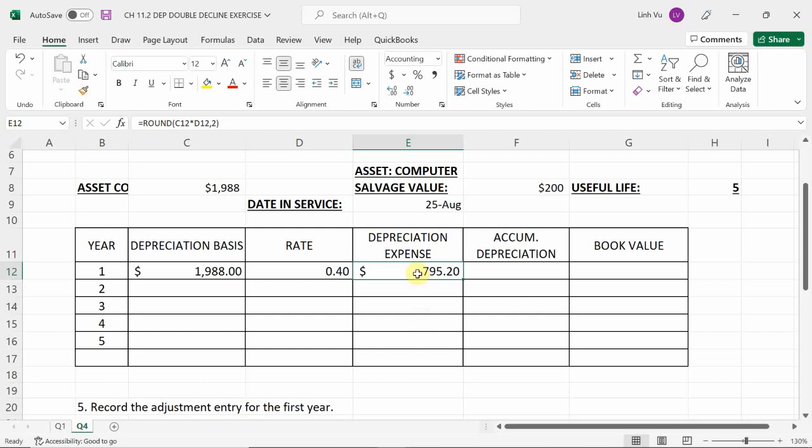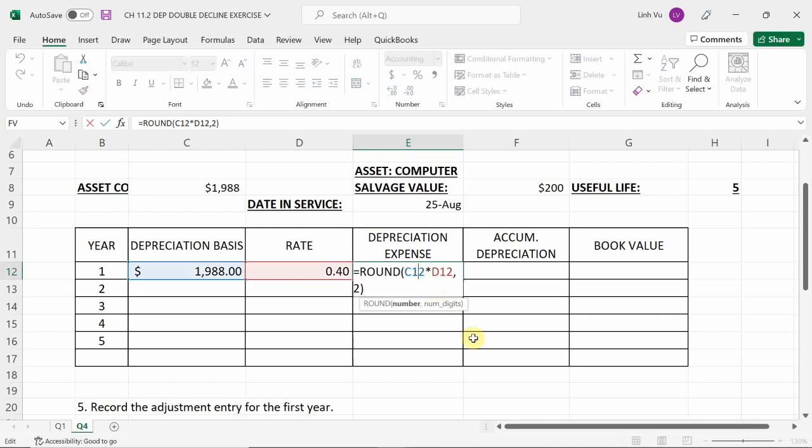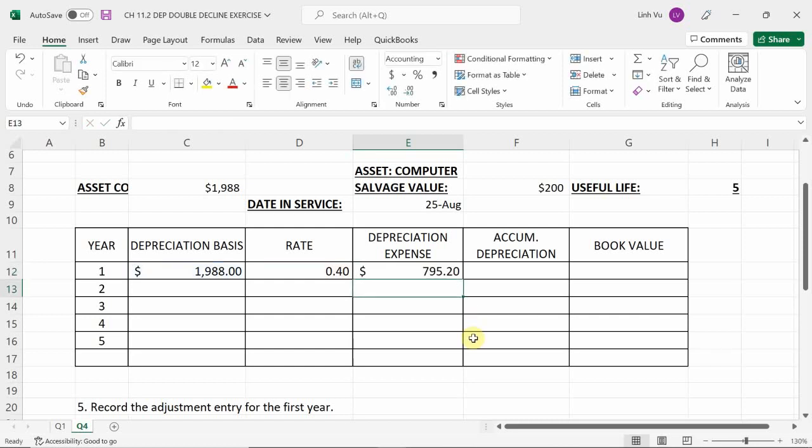So in this case, I need to take this 795.20 and adjust it because my asset's only 4 months old. So you solve for 0.33333, right? So that's 1/3 of a year.